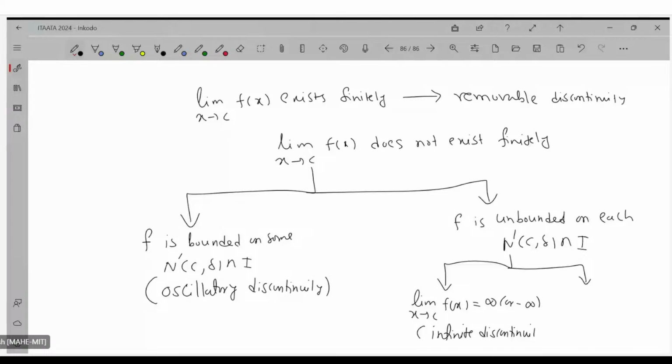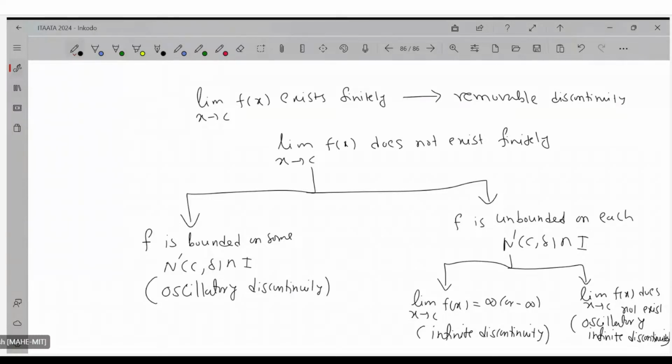And the other, this limit does not exist at all, even the value is not infinity or minus infinity. Then we have infinite oscillatory discontinuity. These are the possibilities when c is a left endpoint of an interval.